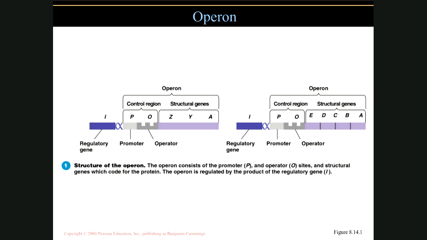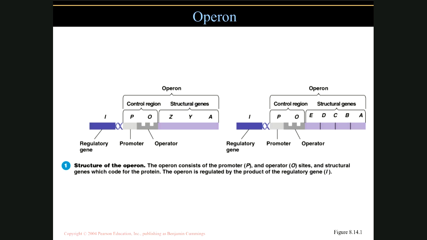Now, here we also see another important difference between prokaryotes and eukaryotes. In eukaryotes, they have one promoter for one gene. But you notice here, we actually have multiple genes under the control of a single promoter. So again, that's very efficient. The idea here is that all those genes code for enzymes needed for the same metabolic pathway.